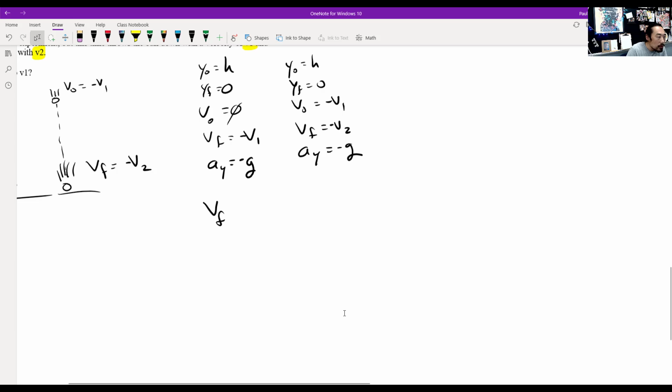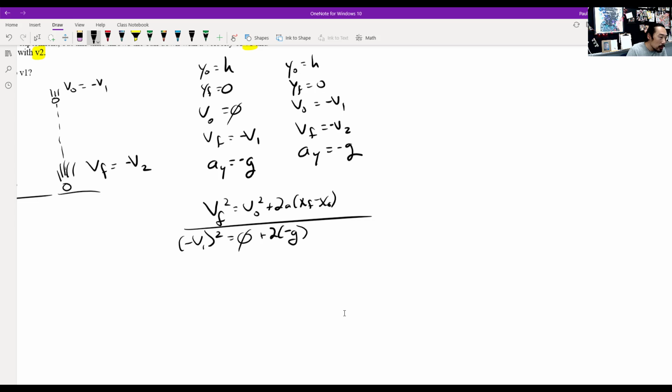So we have vf squared is equal to v initial squared plus 2a times xf minus xo. This is my base formula. I'm going to do the first scenario first. Our final velocity, negative v1, squared is equal to the initial velocity squared, which is just 0, plus 2 times negative g. Our xf is 0, and our initial height is h.